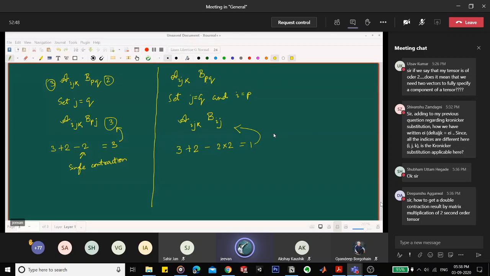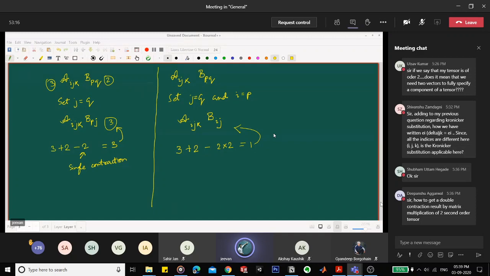So first of all, Dipanshu, let me ask you a question. In light of what we have just discussed, the previous thing that I wrote on the writing app: since you're asking about a double contraction, you have a second order tensor, another second order tensor, and you are carrying out a double contraction between them. What will be the order of the resulting tensor? Please write your answer in the conversation chat.